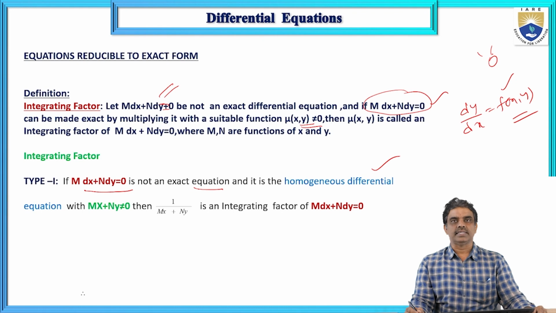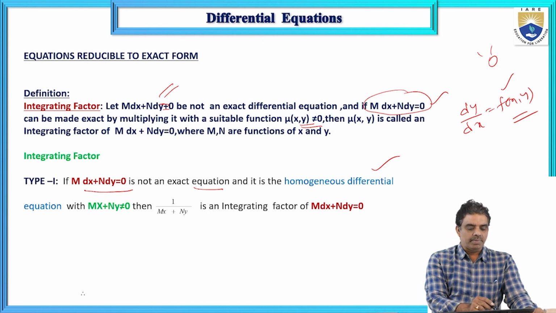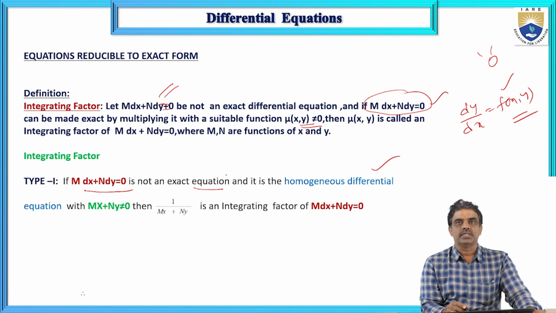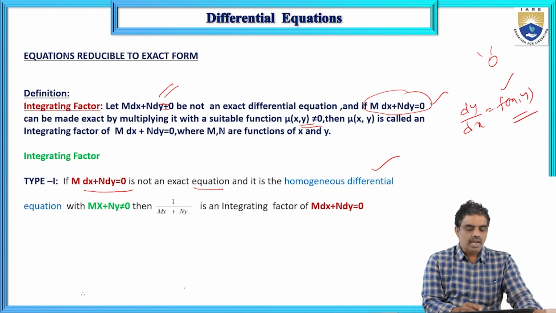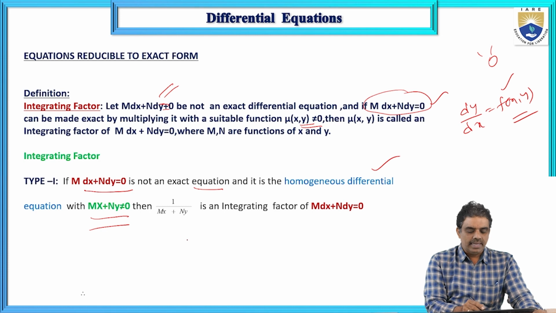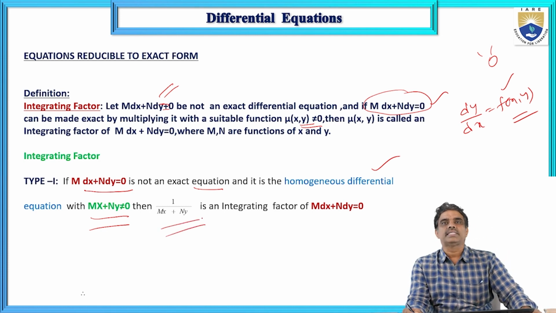Suppose M dx plus N dy equals 0 is not exact, it is a homogeneous differential equation, and Mx plus Ny is not equal to 0, then the integrating factor will be 1 by Mx plus Ny.